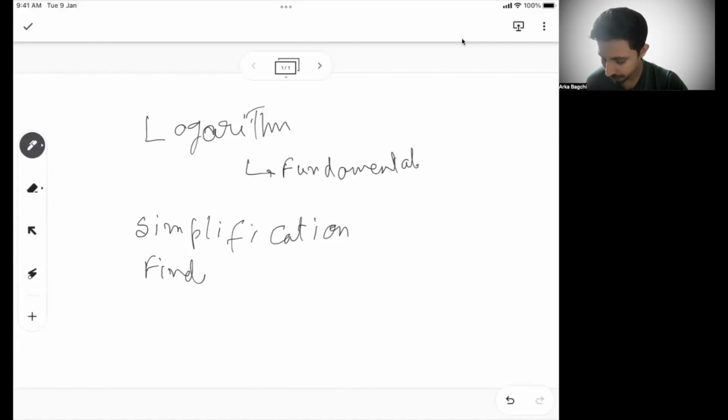Let's say a logarithm expression where there is an x or y, any variable involved, and they ask you to find the value based on equating with some other variable, constant or integer term. These are the two main types of problem that can come in logarithm, and we will deep dive into each of these when we do the practice sessions.